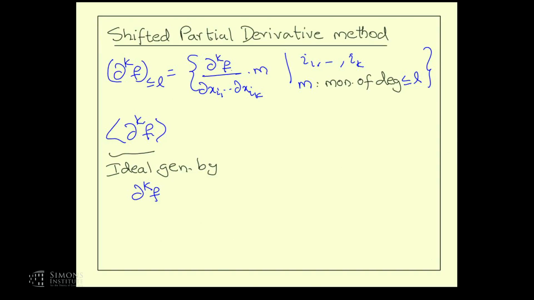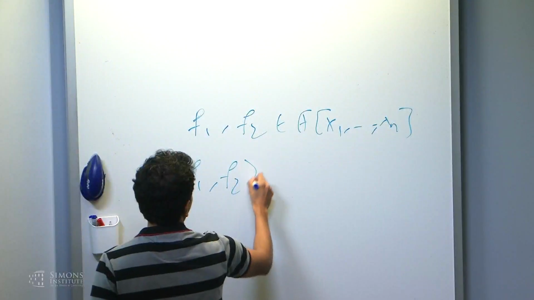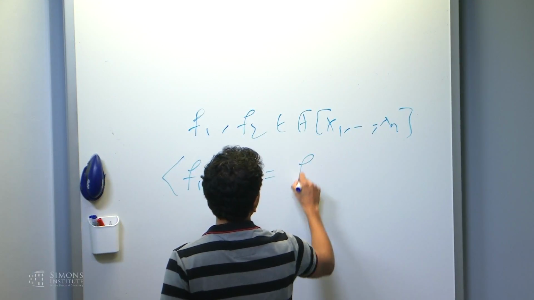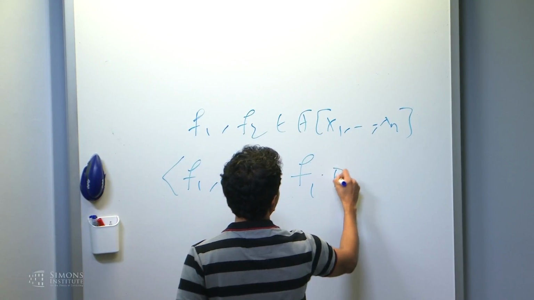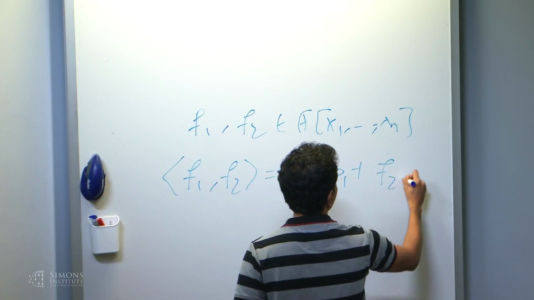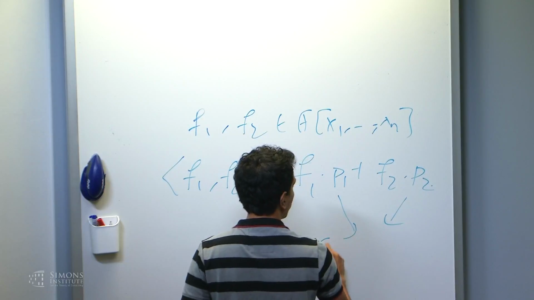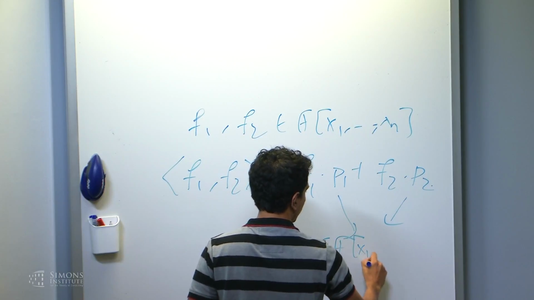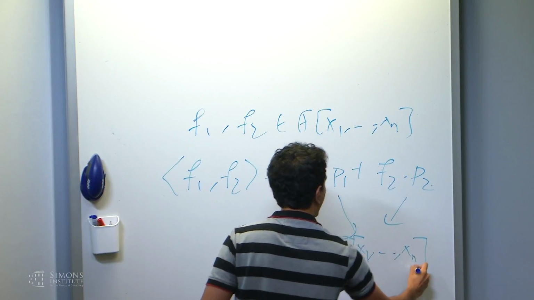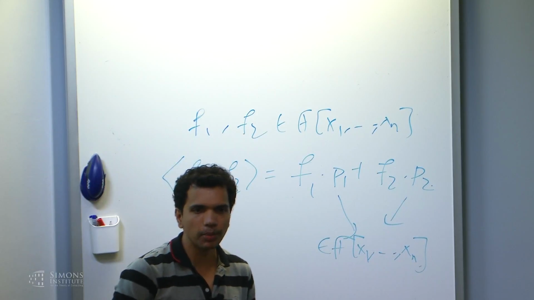So suppose I have f1, f2 in F[x1, ..., xn]. The ideal generated by f1 and f2 is all those polynomials that can be written as f1 times p1 plus f2 times p2, where p1 and p2 are arbitrary polynomials. So that's the ideal generated by f1 and f2.